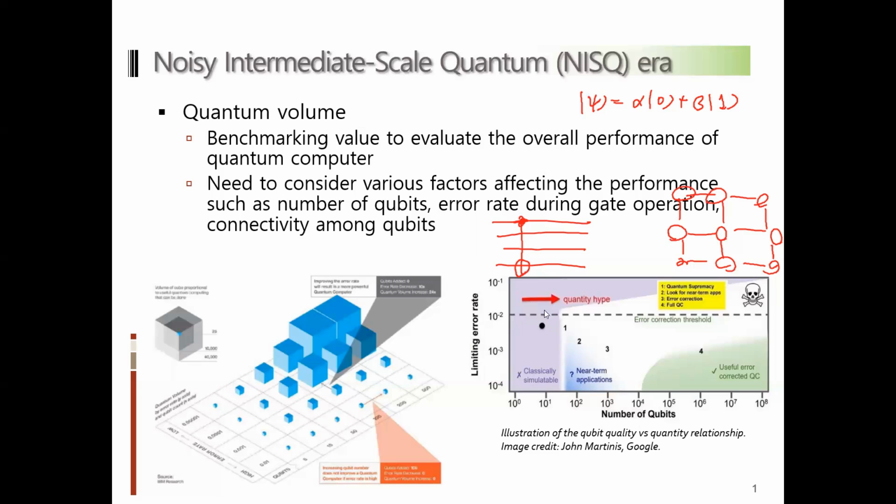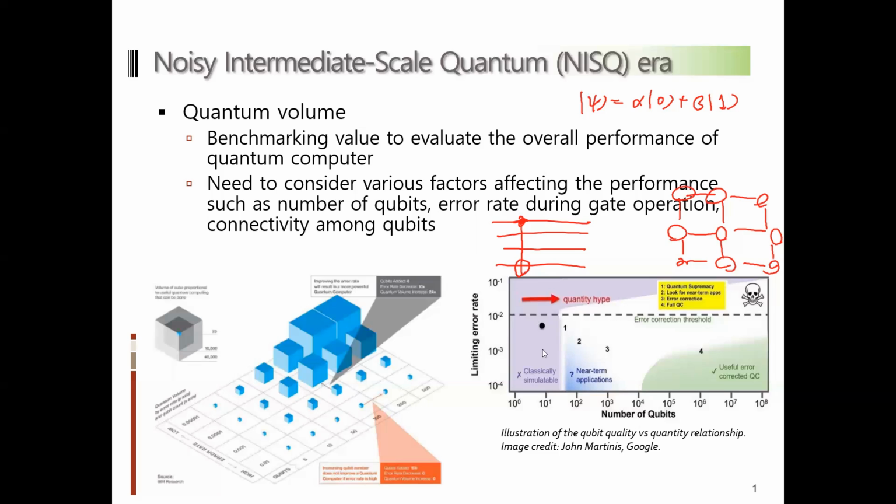So to overcome the power of the classical supercomputer, we have to cross these boundaries. And there are two options to cross the boundary.